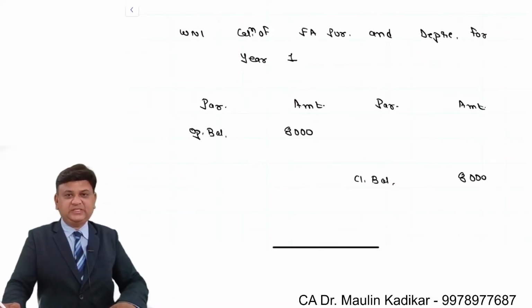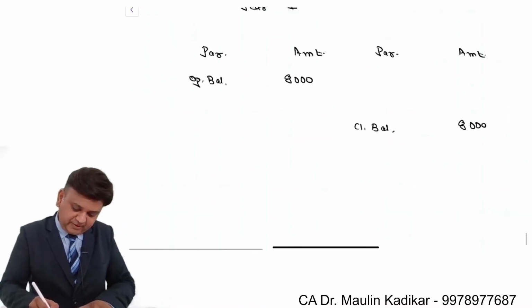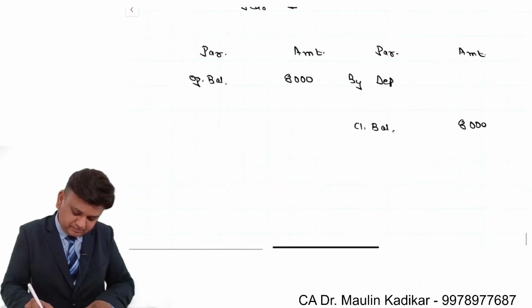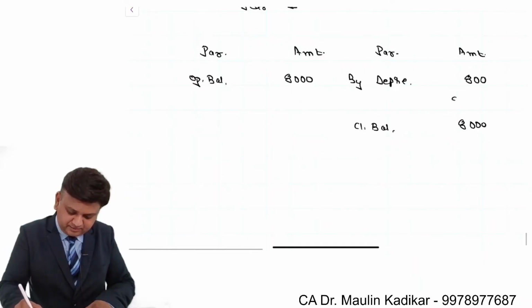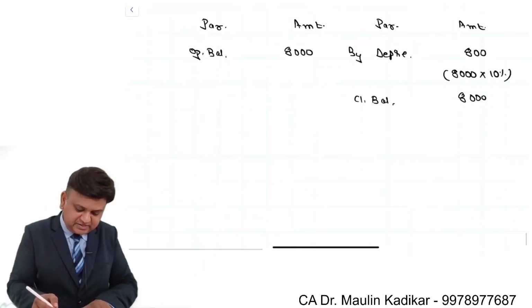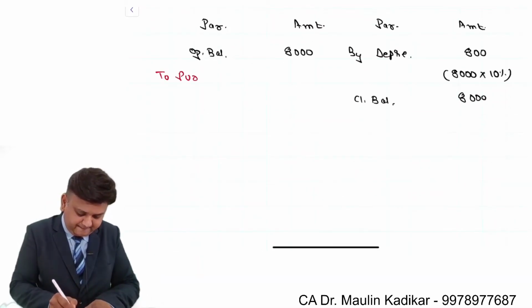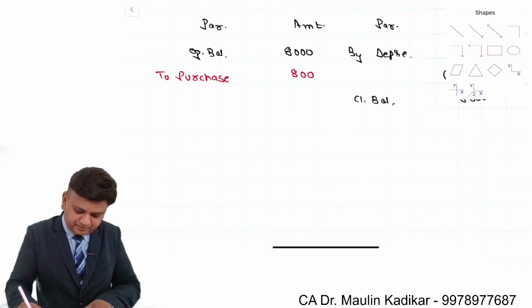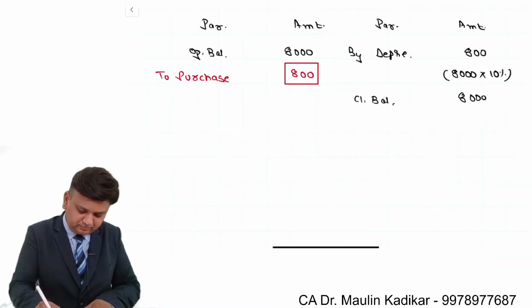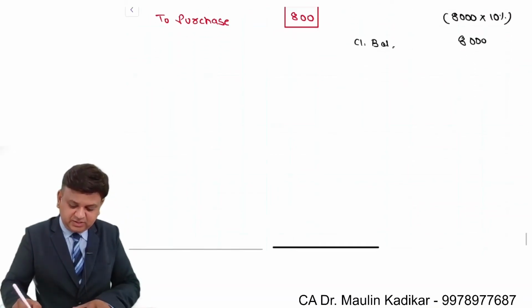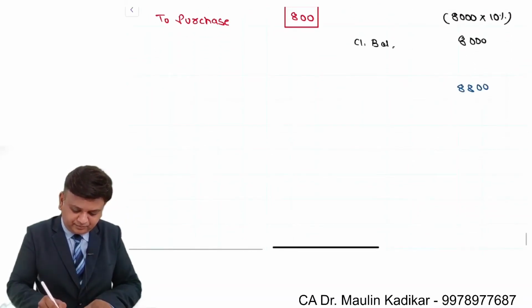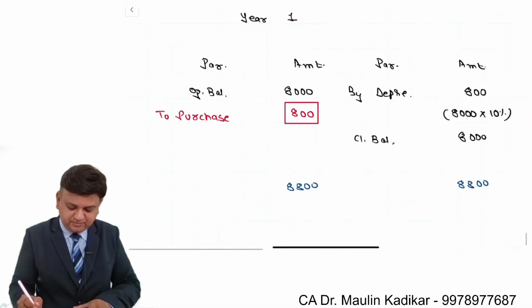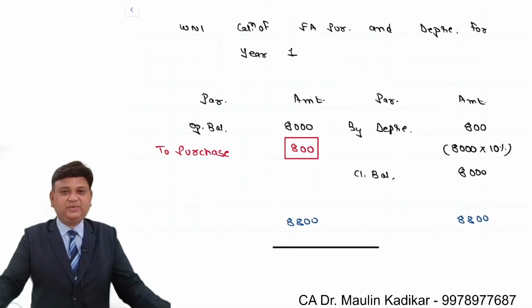So the fixed asset will remain the same, because the asset turnover ratio has to be kept the same. Depreciation is 800, which is 8,000 into 10%. So the balancing figure on the debit side would be the purchase, that is 800. Credit side total is 8,800. Debit side total is again 8,800. So now fixed asset purchase is found as the balancing figure.